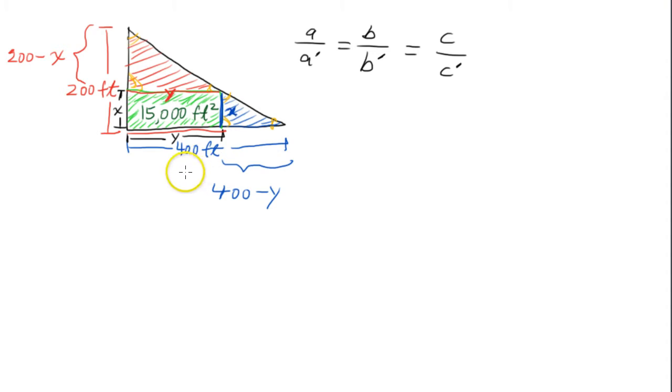Okay. So let's make our proportions here. So I have this length, 200 minus x. I'll write that in red.